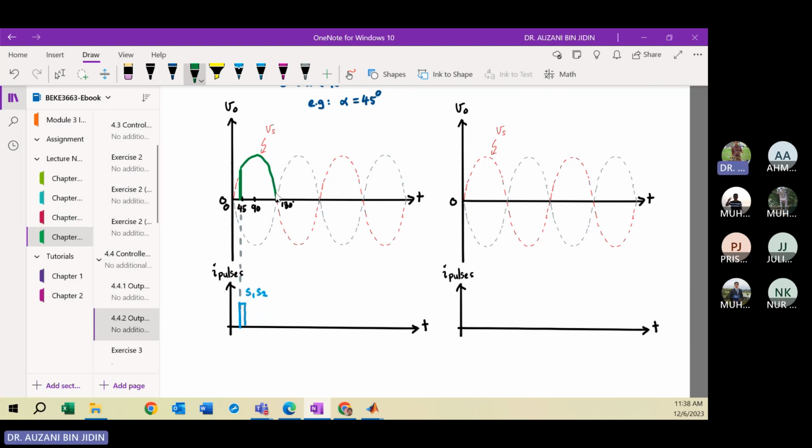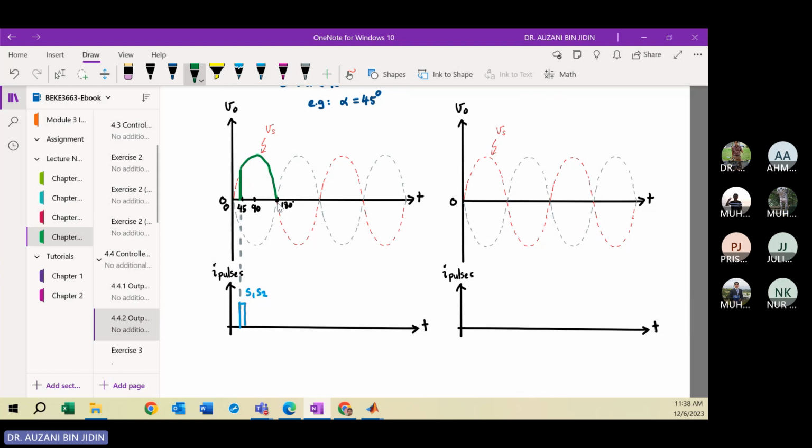In this case, thyristor 1 and 2 will be conducted, and they still maintain conduction due to the nature of inductor current. Remember, we must assume the current is continuous.